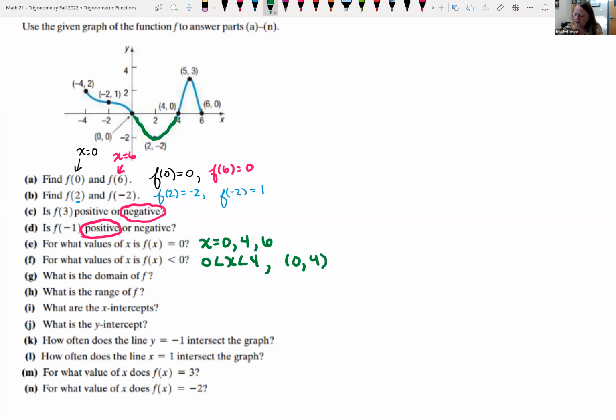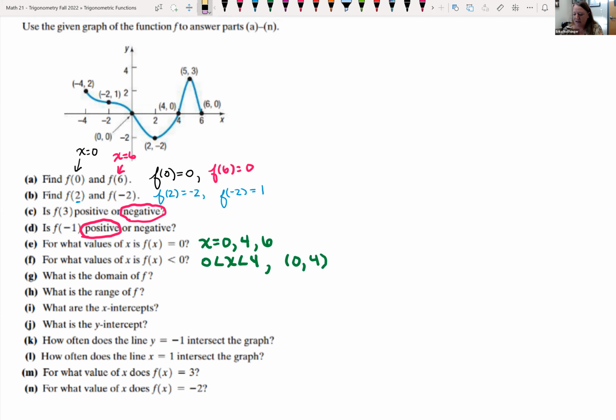The domain are all the values of x that we're using for the graph. If this graph had arrows at the ends, then it would be extending in that direction forever. But in this case, we have endpoints, and they're points and not open circles, so that tells me I'm including those endpoints.